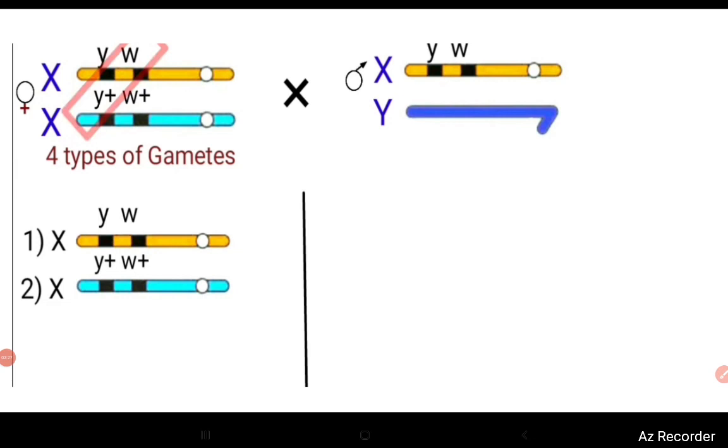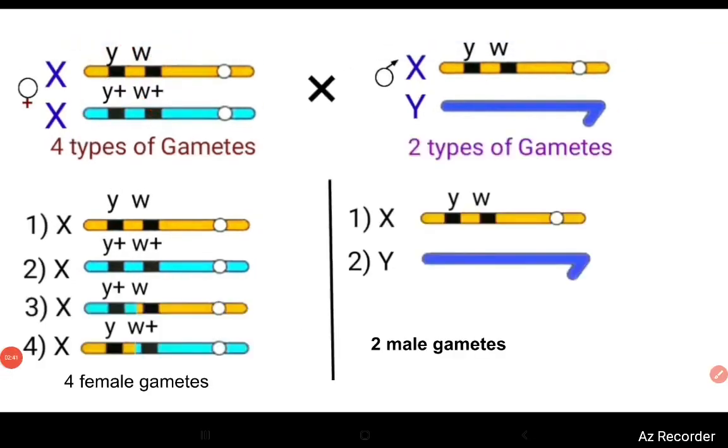Now these are the two gametes which are produced without recombination. Other two gametes are also produced. So in females, the 4 female gametes produced are, that is parental combination, and this is the other gamete, then a recombinant gamete, this is also a recombinant gamete.